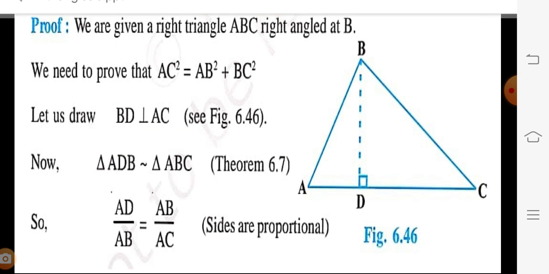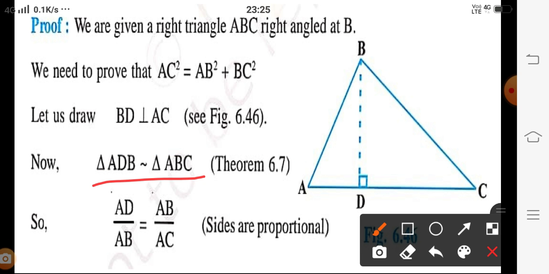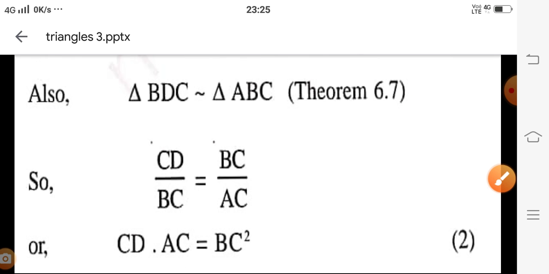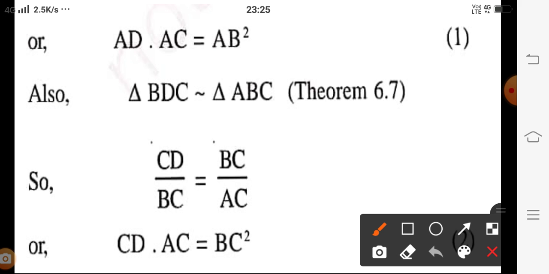Then the ratios of their corresponding sides are proportional. So we can write AD upon AB is equal to AB upon AC. Then on cross multiplication, we get the first equation as AB square is equal to AD into AC.